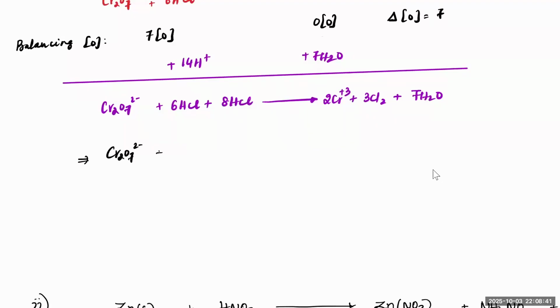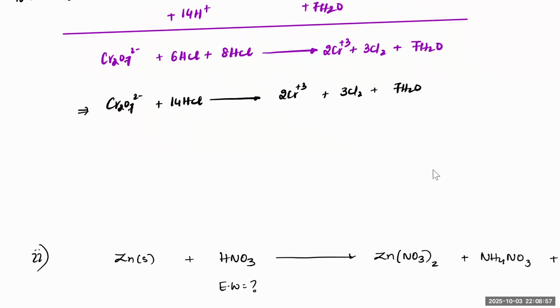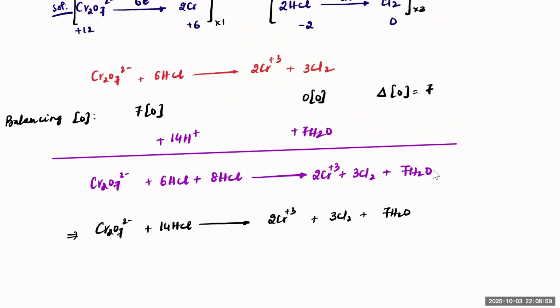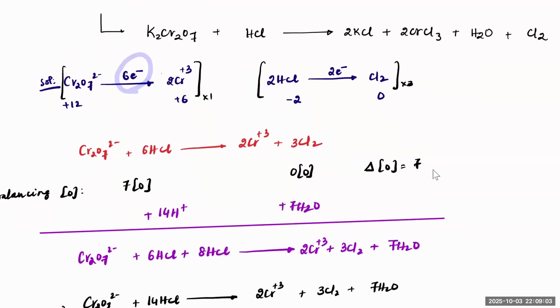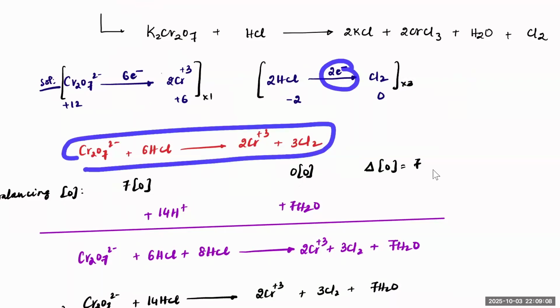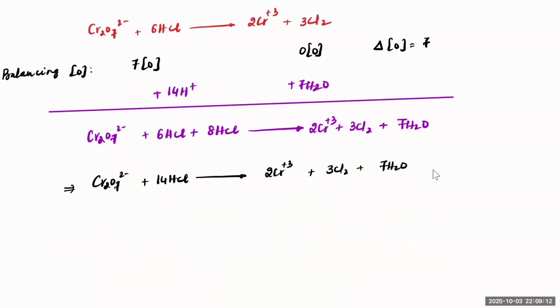Cr2O7 2 minus plus 14 HCl is converting into 2 moles of Cr plus 3 plus 3 moles of Cl2 plus 7 moles of H2O. Now we know the total number of electrons transferred. You can see there are 6 electrons here. If I multiply that with 3, we got it already, this is the equation which we got. So the number of electrons transferred or given or taken are 6.